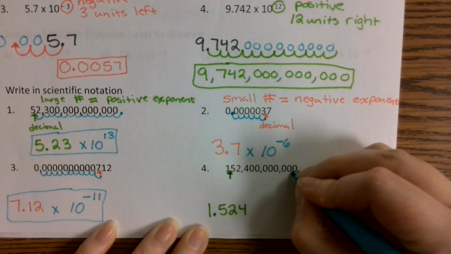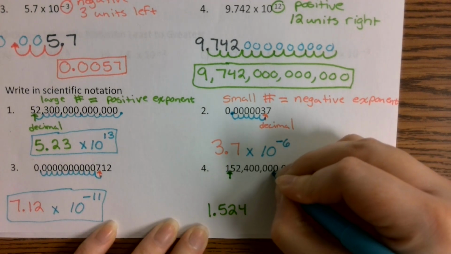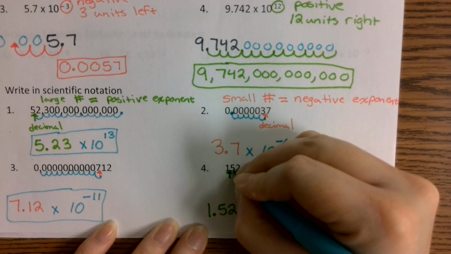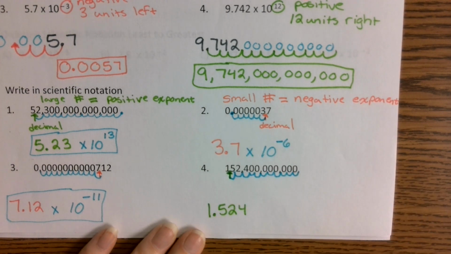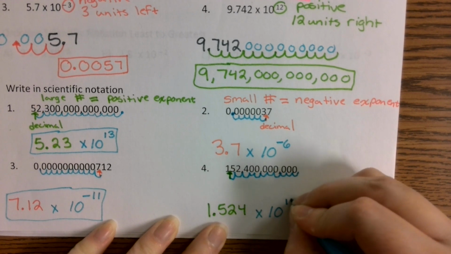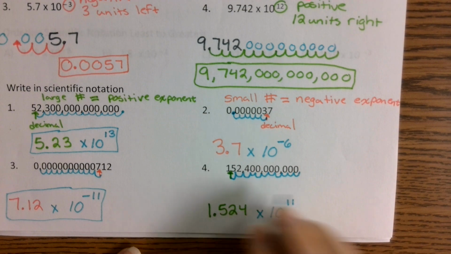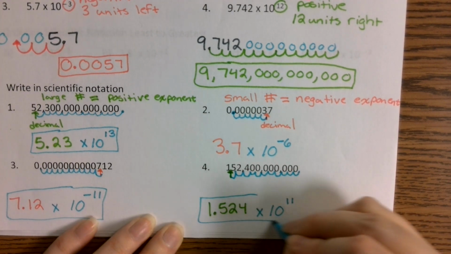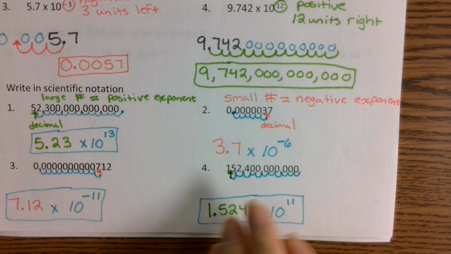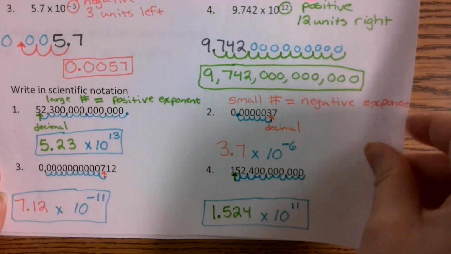So we would move 1, 2, 3, 4, 5, 6, 7, 8, 9, 10, 11. Okay? So it should be times 10 to the positive 11 power because this was a large number. Right? Any questions so far? All right, let's go ahead and go on.